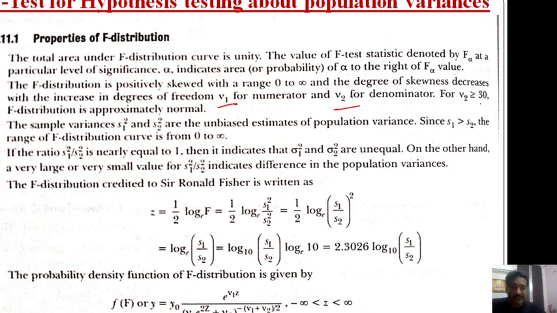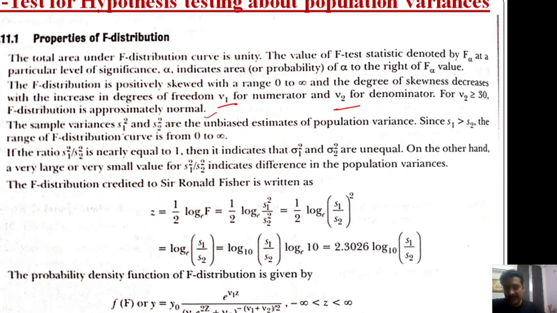For v2 greater than or equal to 30, F distribution is approximately normal. Z test can also be used to test the variances of two populations, which we have not discussed in your syllabus. But whenever your sample size is larger than 30, then the F distribution automatically follows the normal distribution.